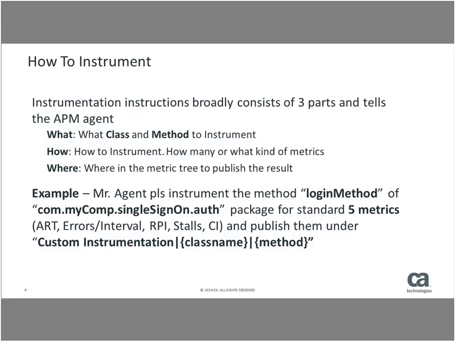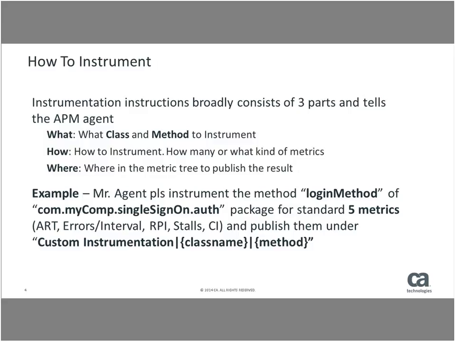Let's take this example. I'm saying, hey, Mr. Agent, where the agent is our CA APM agent, please instrument the login method of my package, mycomp single sign-on.auth, for standard 5 metrics. For us, the standard 5 metrics are average response time, errors per interval, responses per interval, stalls, and concurrent invocations.